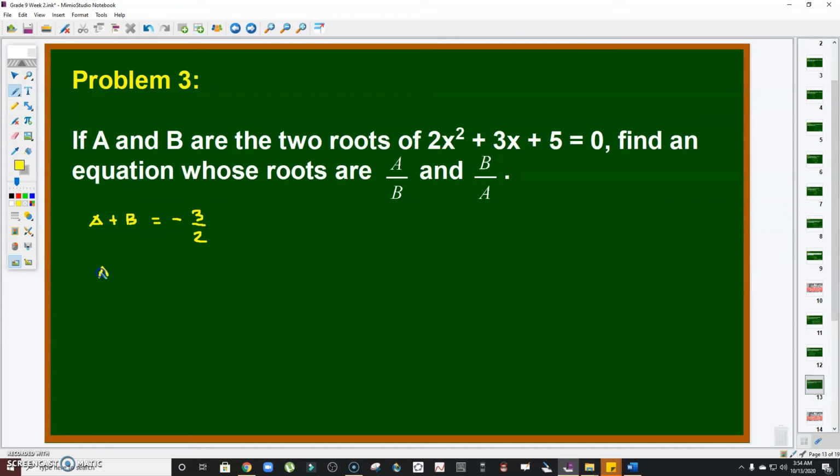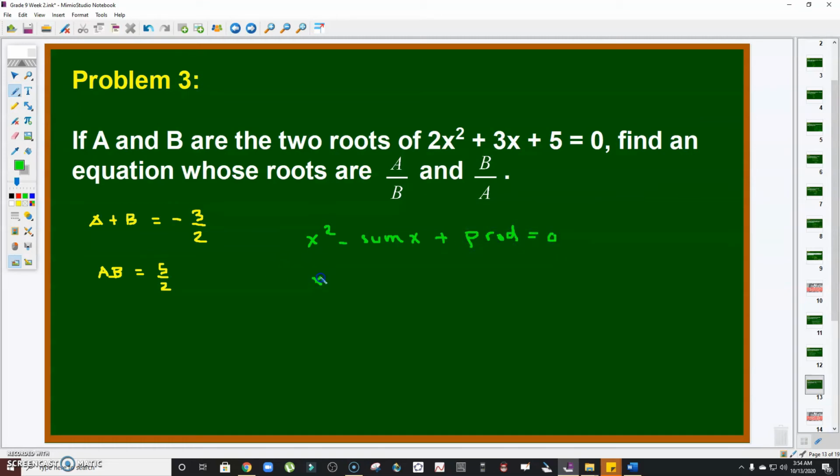While the product, ab, is equal to 5 halves. Now, take note, our desired equation should have roots a over b and b over a. Let's go back to x squared minus sum x plus product equals 0.